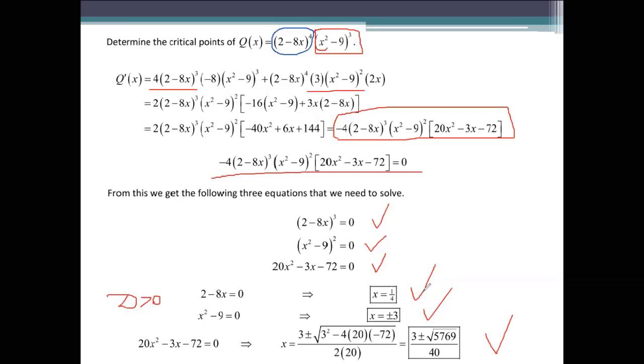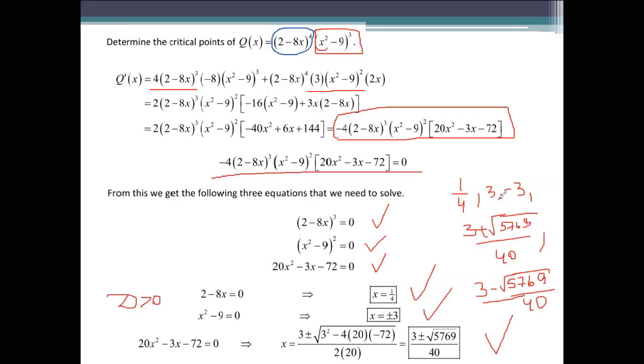And how many critical points do we have? We have the first one, 1 over 4, then plus 3 and minus 3, and this one, yes, 3 plus square root of 5,769 over 40, and the last one is minus in the middle, yes, so it is 3 minus square root of 5,769 over 40.